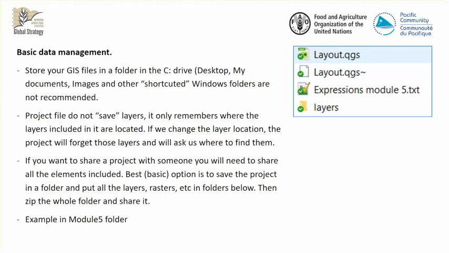For me, the simplest way is the way I have used with you. If you open a project in module 5, a very complex project, you double-click on it and it will be able to retrieve all the layers, because I have my project file here, and below I have a folder called layers.